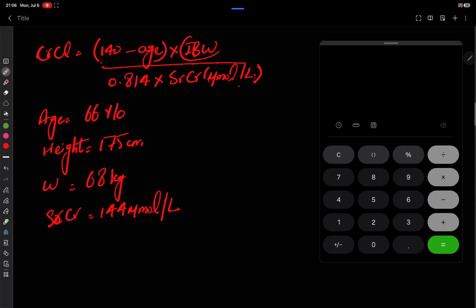So according to this formula we have to calculate ideal body weight.